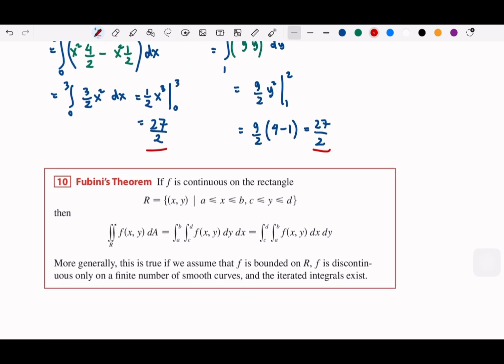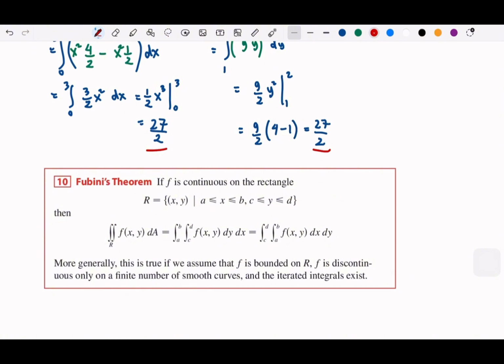So as long as they are all constant. For example, we have a constant a to b for x, c to d for y, which means that they are going to be a rectangle. So no matter what, we can take x first and then y, or y and then x. They are going to have the same volume, the same results.